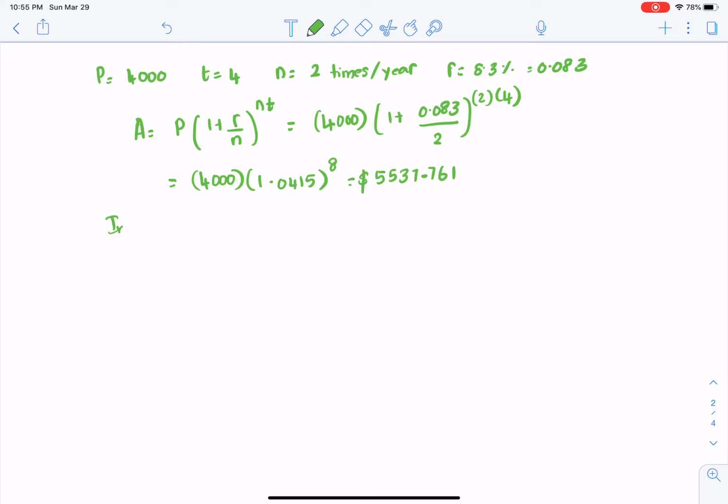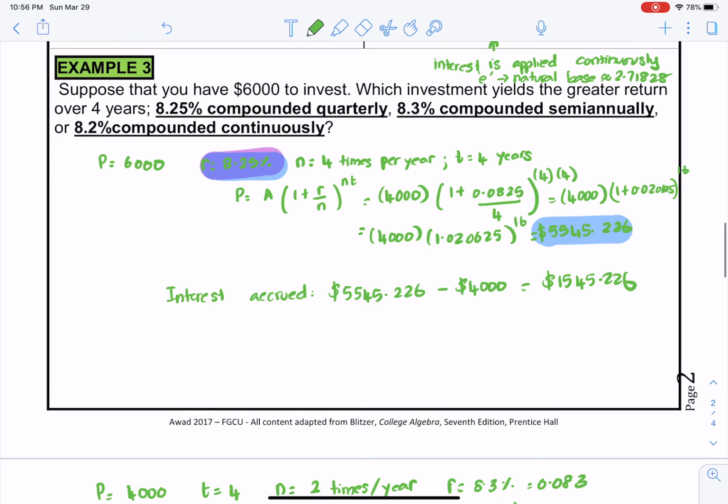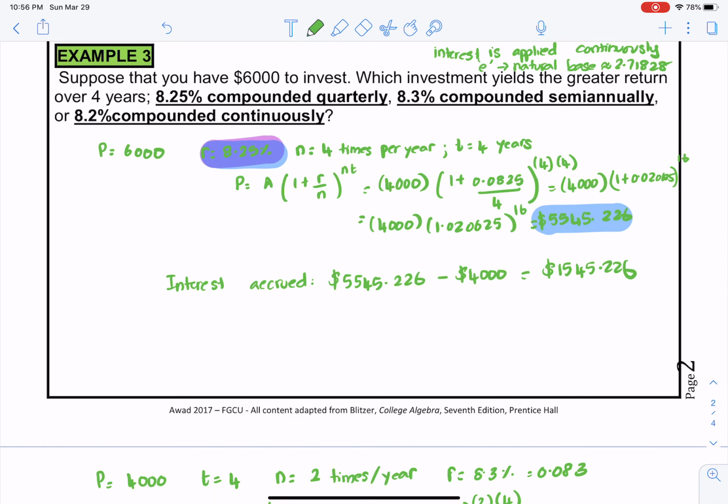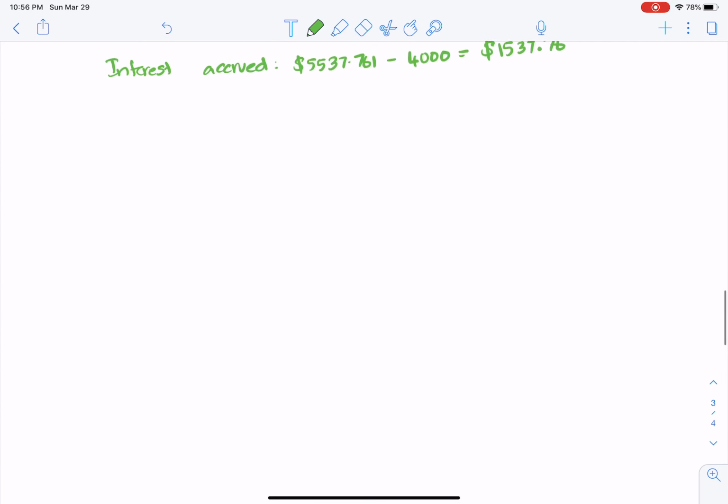So the interest accrued would be this final amount minus the principal, which should be $1,537.76.